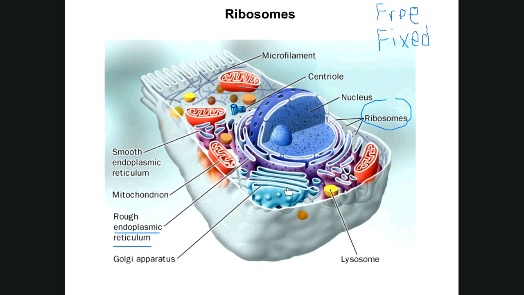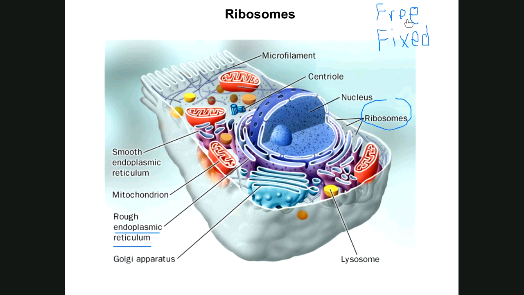Well, it has to do with where the proteins are going to do their work. If the work of the proteins the ribosome is synthesizing is going to be done here in the cytoplasm, then those ribosomes will be free ribosomes. That's one way the cell helps keep the proteins being made organized and in the right location.